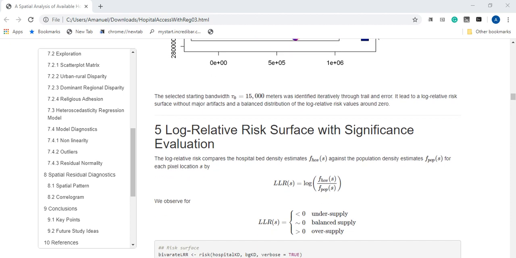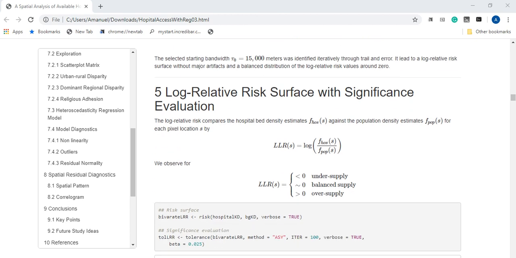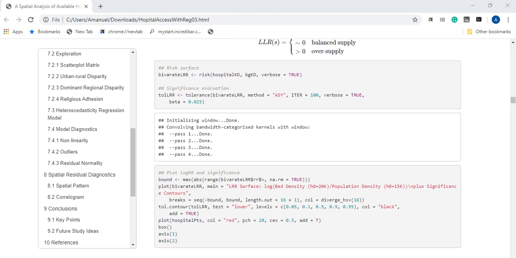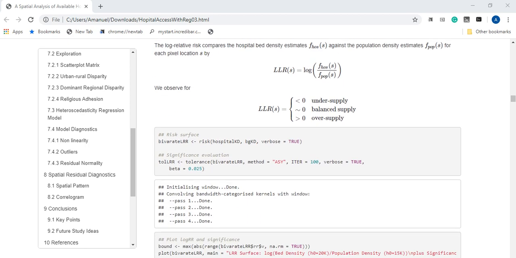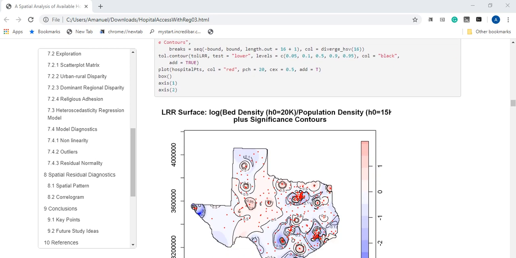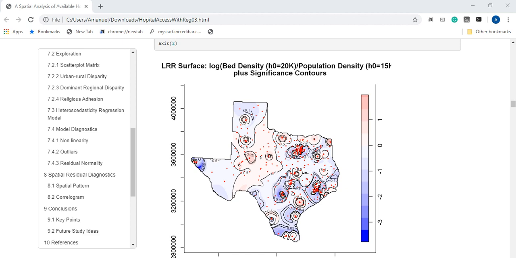Log relative risk surface. The log relative risk compares hospital bed density against the population density estimates. Based on this formula, we get the log relative risk surface.